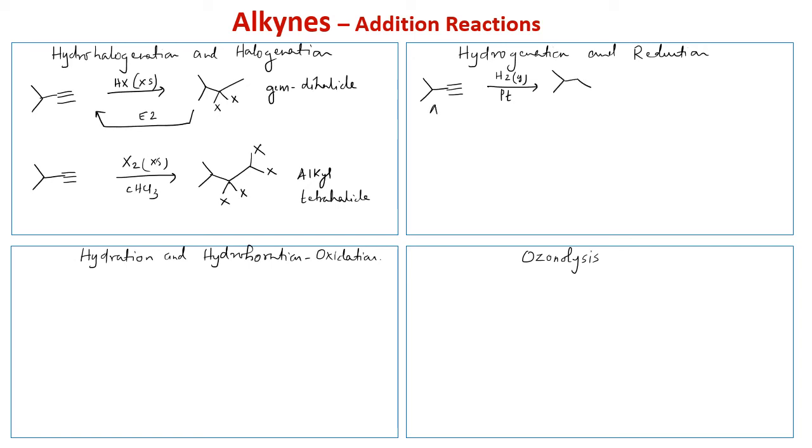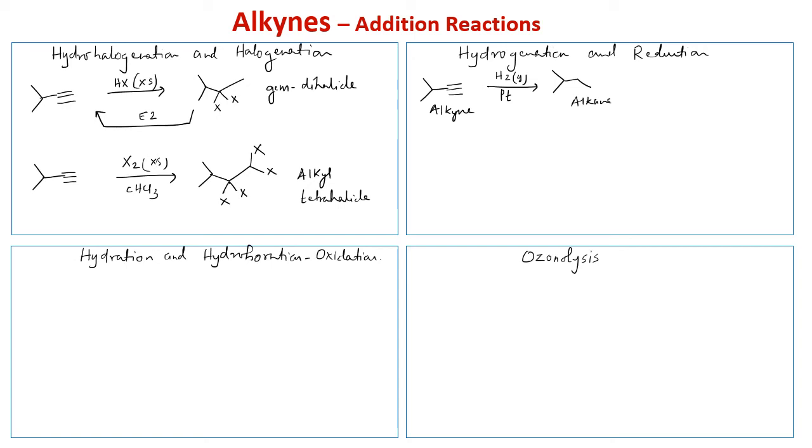So the alkyne is converted into an alkane. Notice how this reaction gets rid of all the functional groups, because you started with an alkyne which had this functional group in it, and now you have an alkane which is lacking functionality.